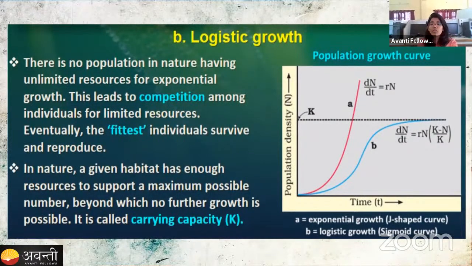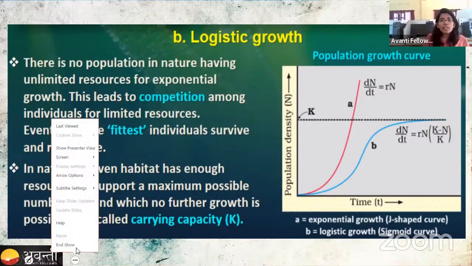Next is logistic growth. Logistic growth usually happens in natural conditions where the resources are having an end, which means if we are using the resources continuously, the resources will get over. That is when we will be getting our logistic growth.